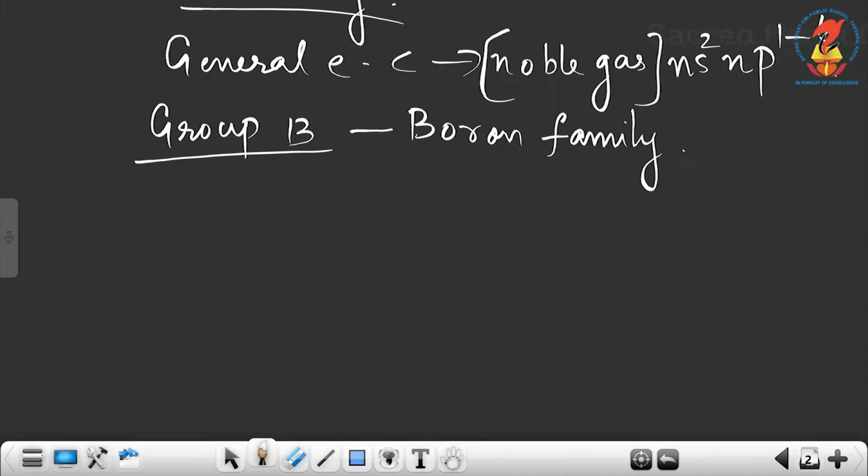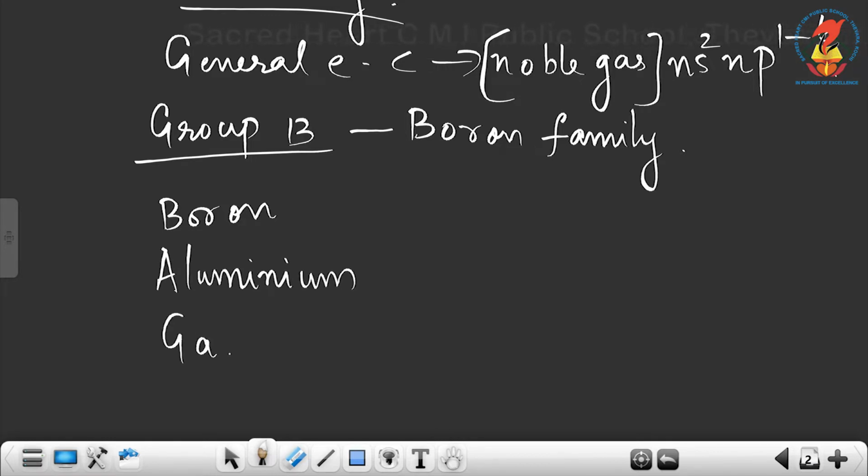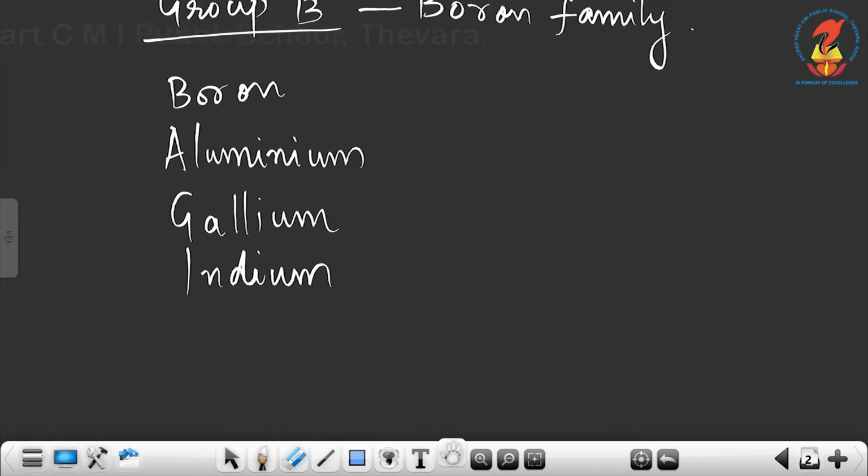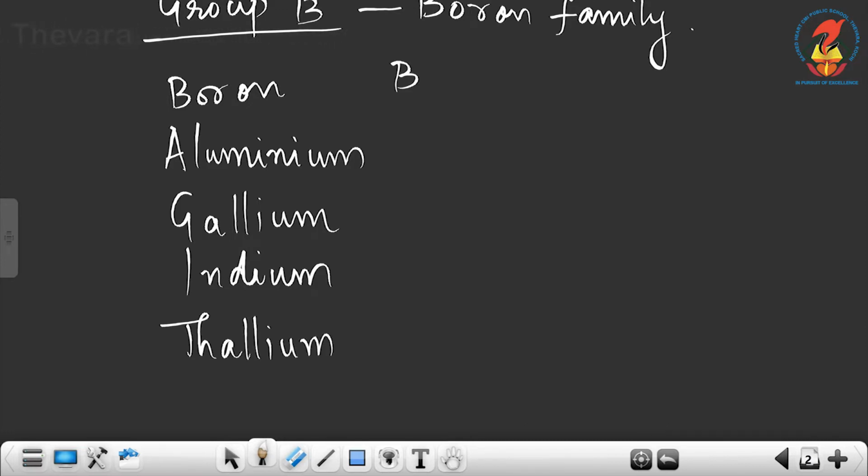The elements of group 13 are boron, aluminium, gallium, indium, and the last element is thallium. Now the symbols are boron B, aluminium Al, gallium Ga, indium In, and thallium is Tl.